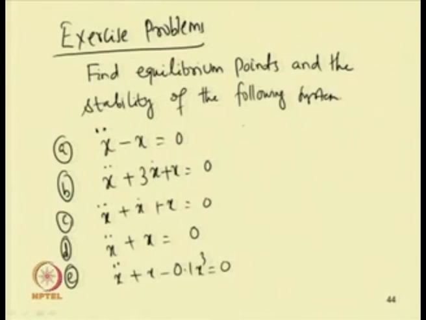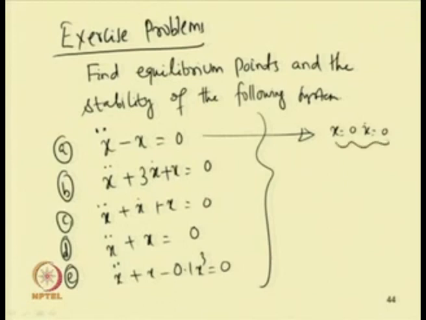These systems we have almost studied, and one can first find the equilibrium position. Now these are written as second order differential equations. First you convert them to a set of first order differential equations, and in the first case you can observe that at x equal to 0 and x dot equal to 0 you have a saddle.